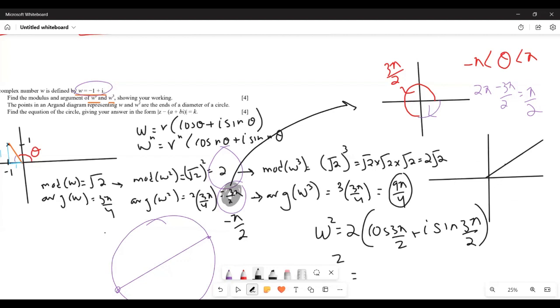Okay, 9 pi by 4 is 405. 9 into 180 divided by 4. So how do we plot a 405 degree angle? One complete round trip is 360 and after 360 you go another 45 degrees. So we will instead just write 45 degrees.